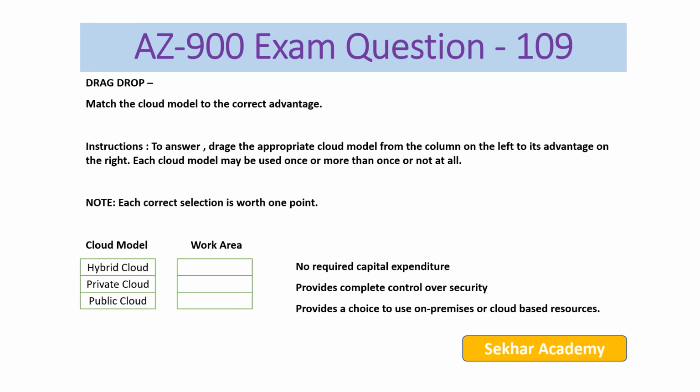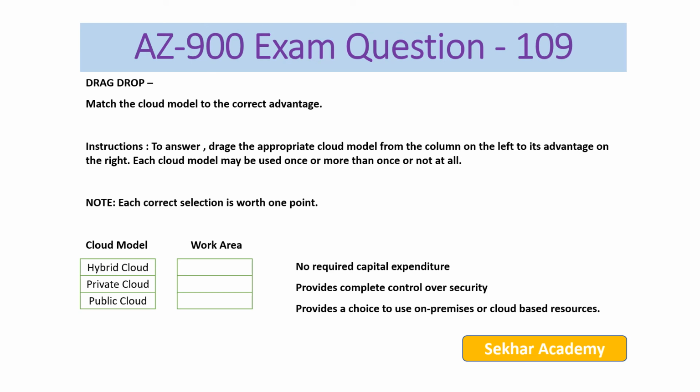AZ-900 exam question number 109. Match the cloud model to the correct advantage. Instructions: to answer, drag the appropriate cloud model from the column on the left to its advantage on the right. Each cloud model may be used once, more than once, or not at all.